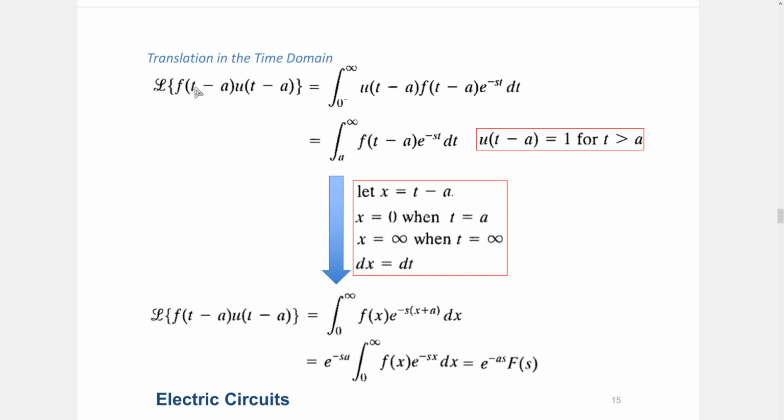So if I have a shift in time, this will be translated as e to the minus as times F(s). So if I know the function and its Laplace transform, then I can easily compute a more complicated, shifted version of it in the frequency domain as well. It will be scaled with this e to the minus as.